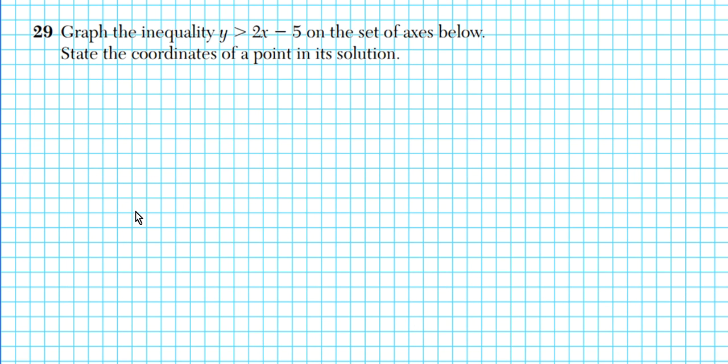Alright, let's take a look at question number 29. It says, graph the inequality y is greater than 2x minus 5 on the set of axes below and state the coordinates of a point in its solution. Okay, so let's go ahead and graph it.